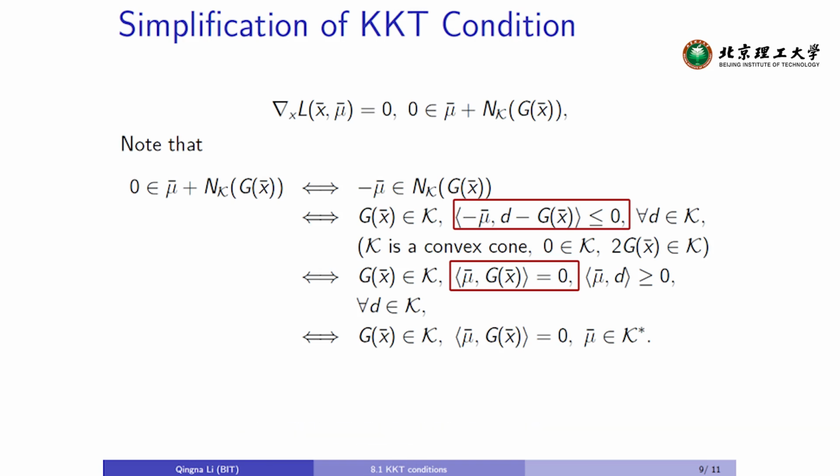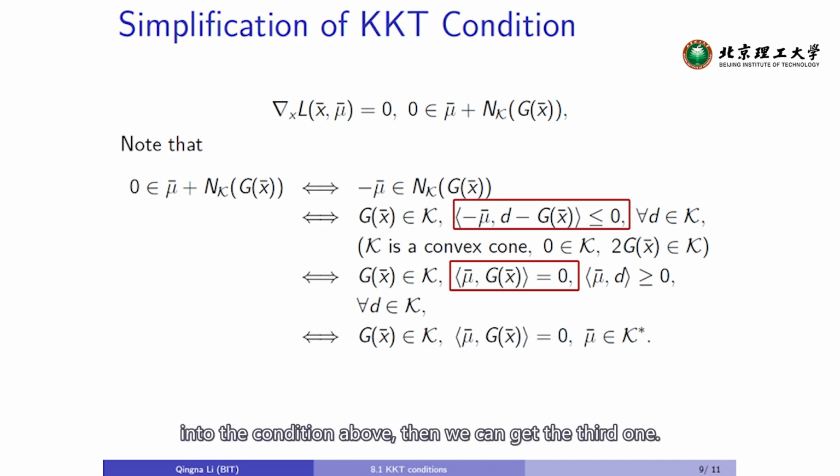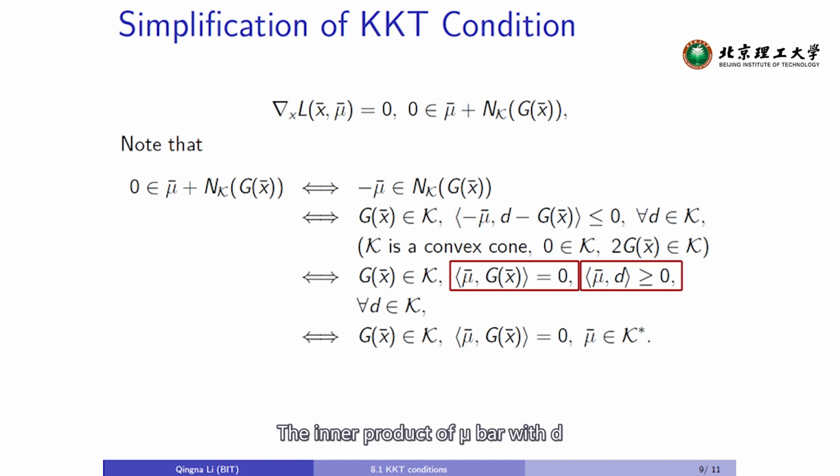Substituting this condition into the condition above, we can get the third one: the inner product of mu bar with d is greater than or equal to 0. In other words, we have three extra conditions now.